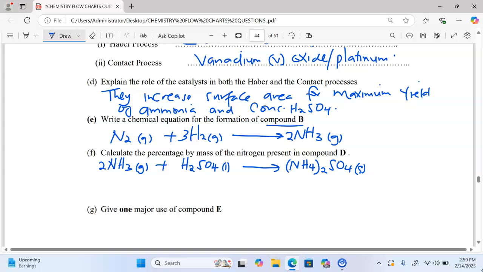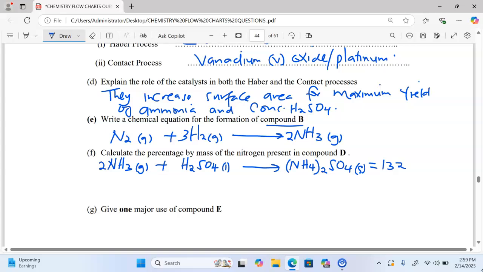So in that regard, we are supposed to calculate the percentage of nitrogen in ammonium sulfate. The molar mass of ammonium sulfate is equal to the sum of all the relative atomic masses of the elements forming ammonium sulfate, which gives us a total of 132.